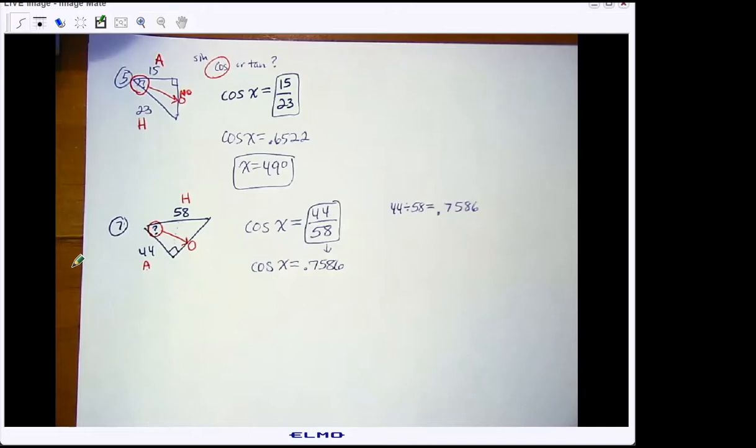Or if you have an iPhone, you're going to hit the decimal and then shift cosine. So there's really only two ways to do it. You're either going to put in the number and then shift cosine, or shift cosine and then the number. And we can always figure it out together if you need.